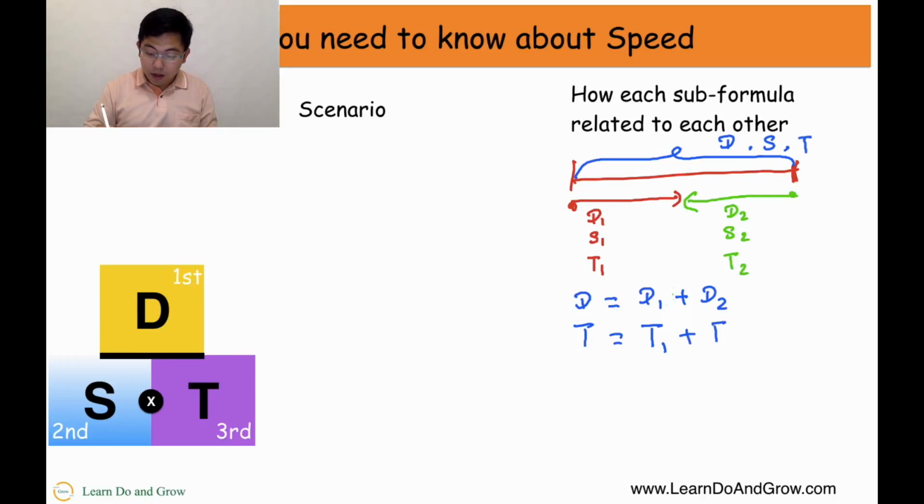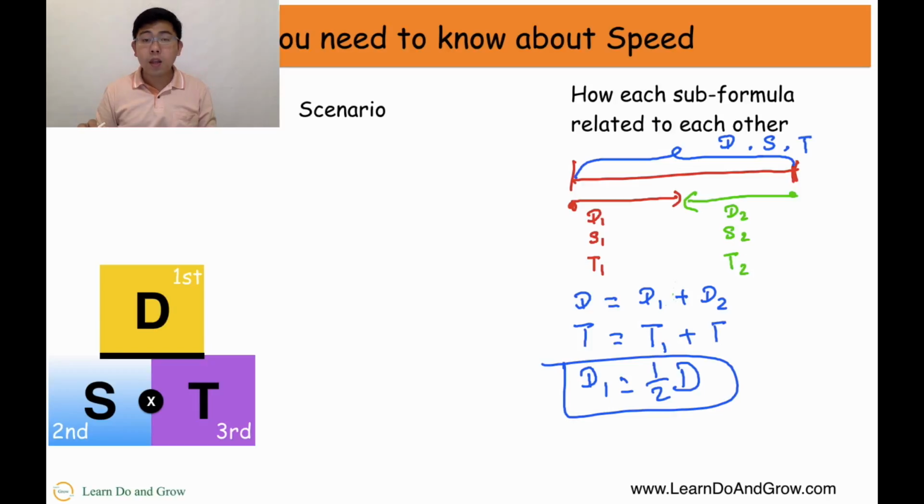Meaning the first half is 1 over 2 of the total distance. Or they can just say that the distance for object A is 2/3 of the distance of object B.